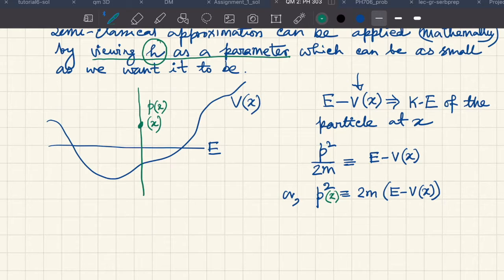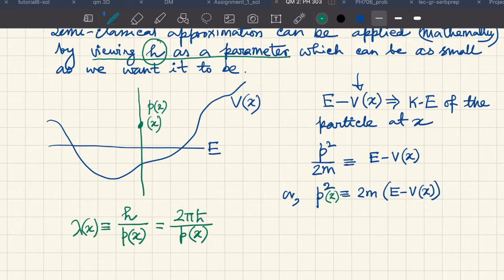So therefore, we can define a de Broglie wavelength which depends on the position dependent momentum. So this lambda I can define now in this particular scenario as h by p of x. That means my lambda, the de Broglie wavelength here, is dependent on the position. So if I write it in terms of h slash, then this is 2 pi h slash by p of x.